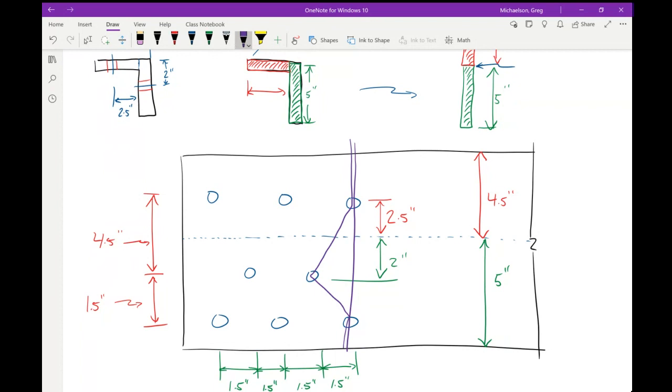In that case, we're going to have the gross area minus 3 bolt holes plus 2 stagger factors. But those 2 stagger factors are not going to be the same. They are going to be different because they have different gauge distances. That's what makes this problem a little challenging. If you understand that, then the rest is really going to be very plug and chug. It's going to be very simple, actually.